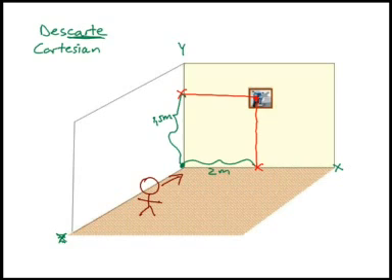We can say the position of that picture is 2 meters along the x-axis and 1.5 meters up along the y-axis, and the coordinates of that point would then be given, always x first, as 2 and y then as 1.5. That will then give us the exact position of the midpoint of that picture.